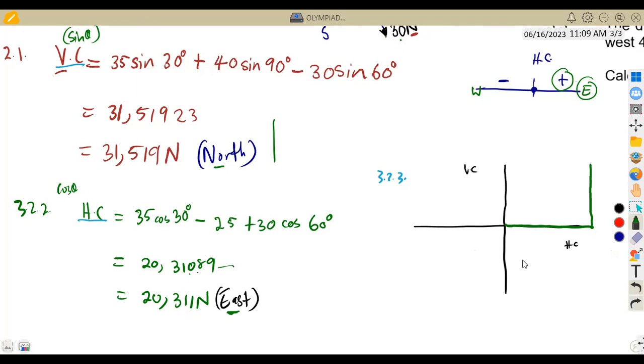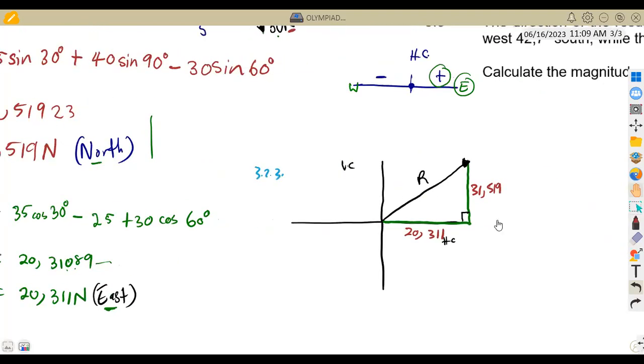Then what do you do? You join from the origin to this point, like this. So this is our resultant that we are supposed to calculate. Like I said, this is our horizontal component to the east, which is 20,311, and our vertical component, which is 31,519.